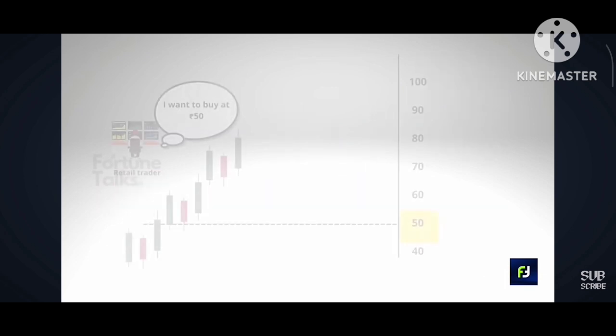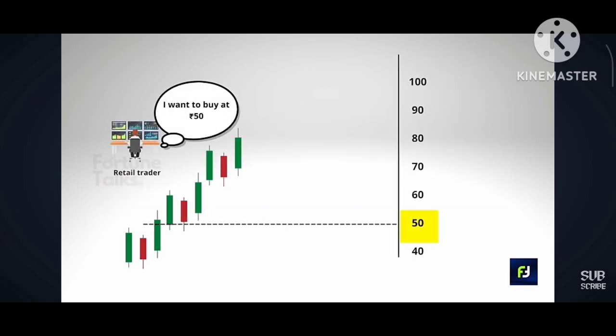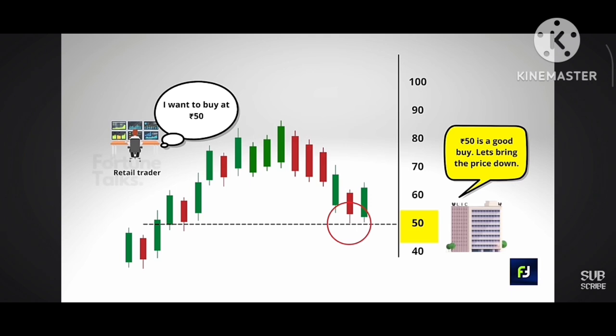If you want to buy at a certain price, the market will not get to that price unless one or more institutions also want to buy at that price. Similarly, you cannot sell at any price unless one or more institutions are willing to sell there, because the market will only go to a price where the institutions are willing to buy and others are willing to sell. I hope the point is clear.